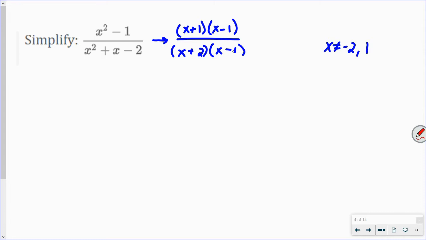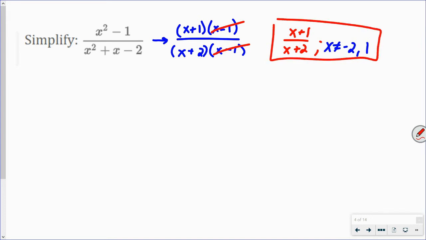But now I can cancel the like terms and say x plus 1 over x plus 2 with my domain restriction. It's important that you get that domain restriction in there so that we have an idea of what the original problem was. This 1 went away when I canceled, but I still need it for the original problem.